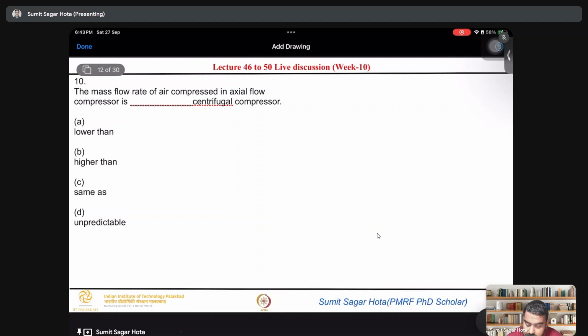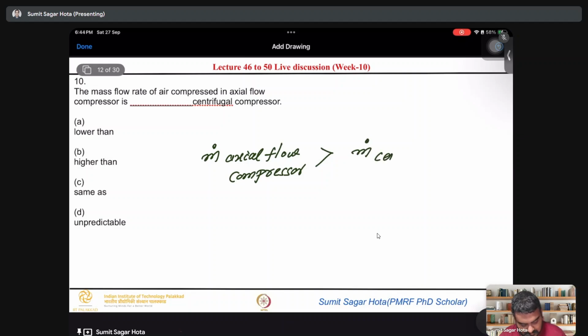The m dot relation for the axial flow and centrifugal flow compressor is: m dot of axial flow compressor is greater than m dot of centrifugal flow compressor. So the answer is what?